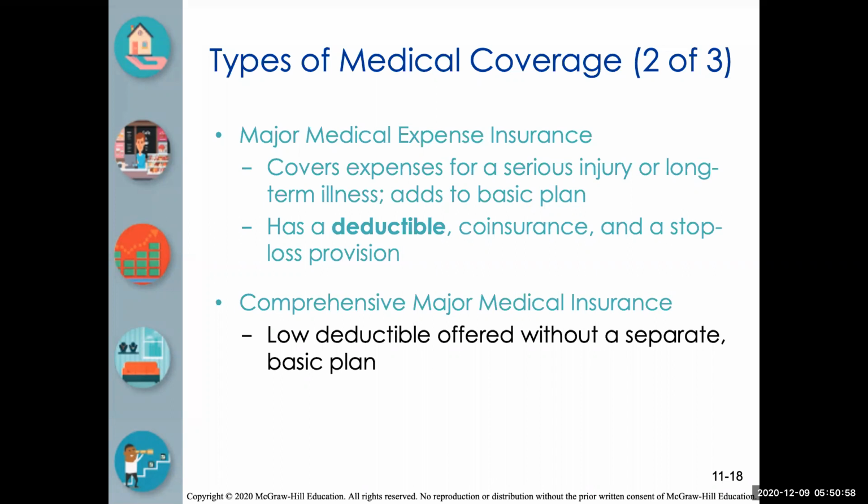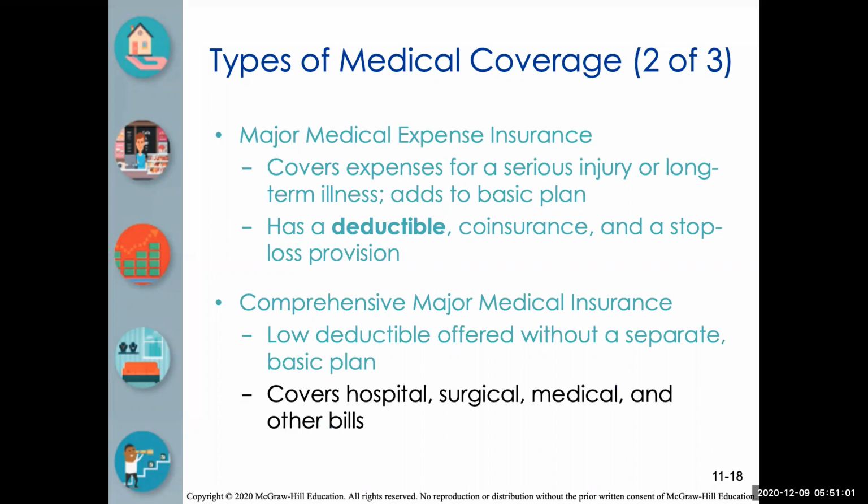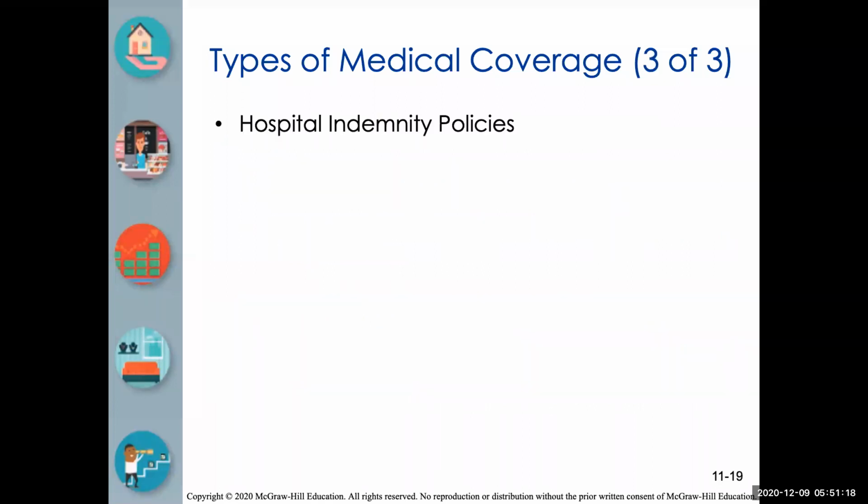And it can be used to cover expenses at the hospital, surgical, medical, other bills. So it's simply another type of insurance that helps supplement plans that you might already have. As you can see, in the insurance world there's a product for everything, which kind of gets to why it's so expensive to have healthcare in the United States. Because it takes time and money to develop these products, right?